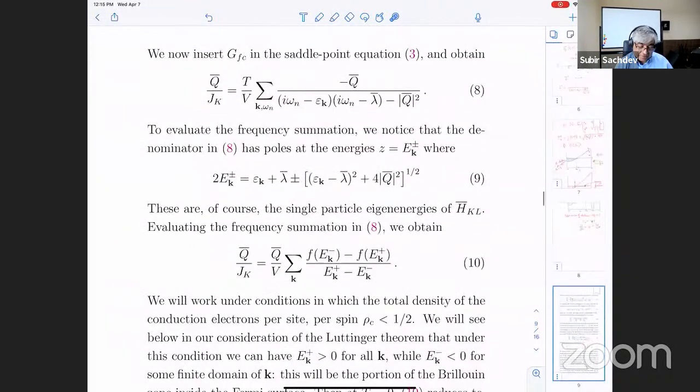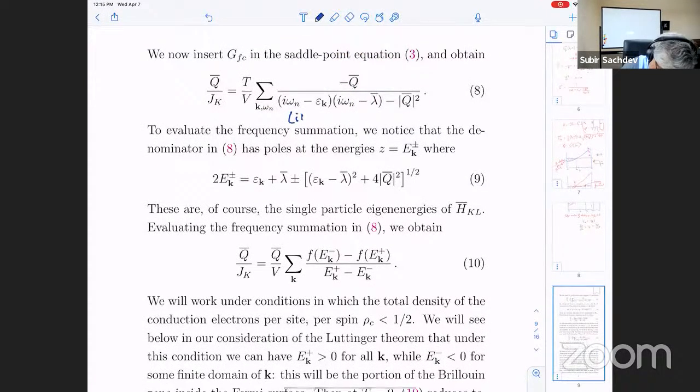So when you do that, this looks exactly like a Lindhard function, because you can quickly see that the denominator can be rewritten as (i omega_n minus E_K plus) times (i omega_n minus E_K minus).